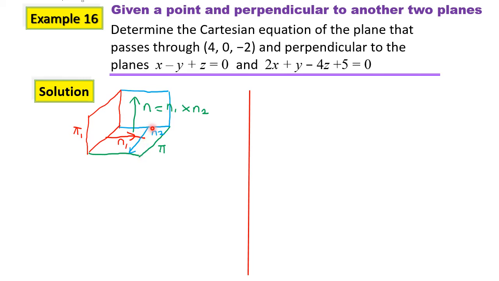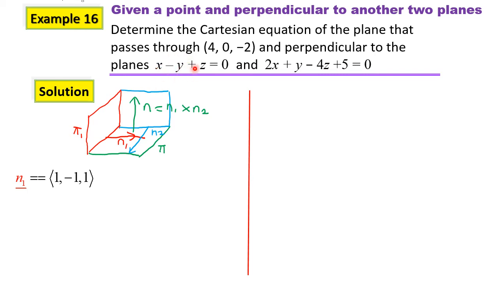In order to determine the normal to our plane, that is N, we have to do the cross product between N1 and N2. So when we cross product N1 and N2, we will get our N. So our first step is to determine N1 and N2 from the other two planes.